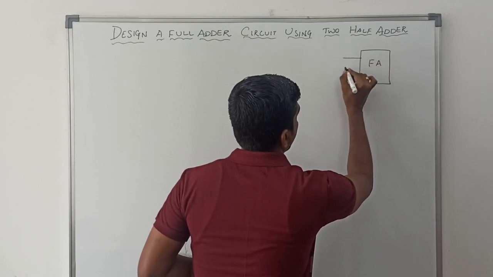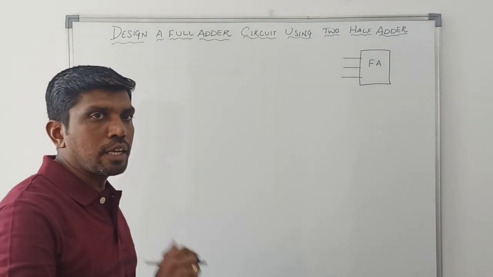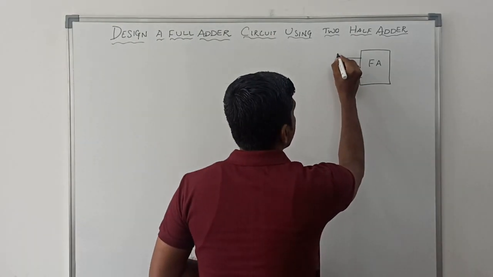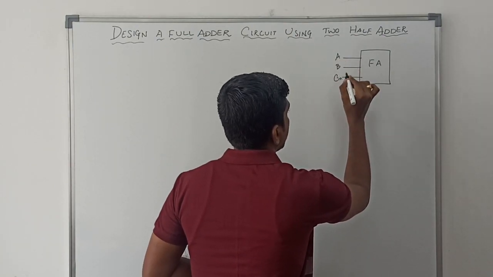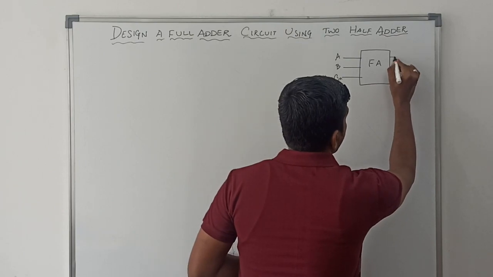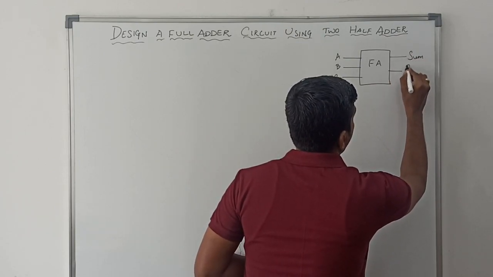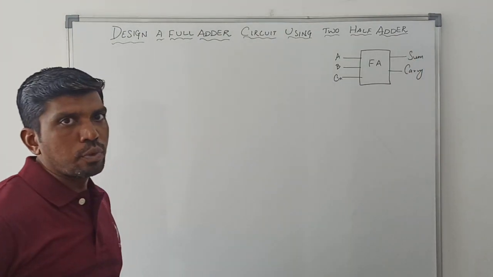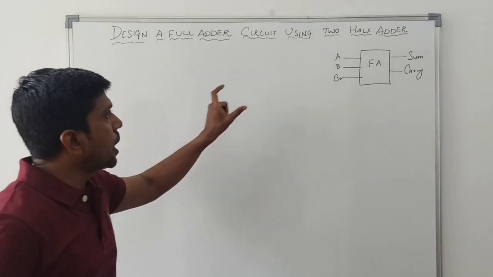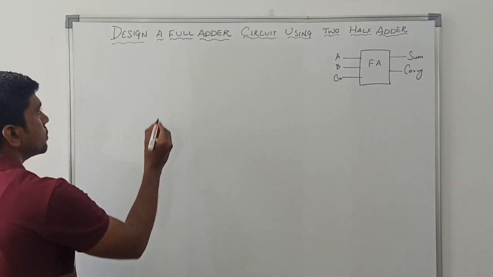In this full adder circuit, it needs three input values, namely A, B, and C in. The corresponding outputs are sum and carry. So this is the block diagram of the full adder circuit. In this session I am designing the full adder circuit using two half adder circuits.